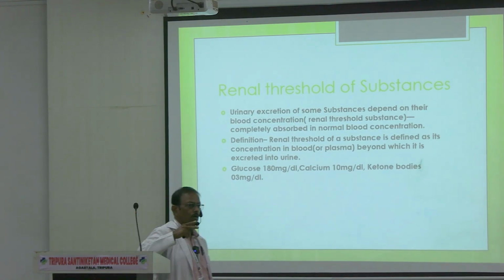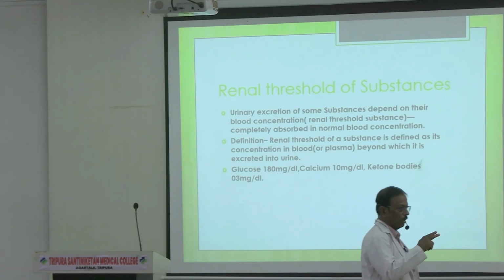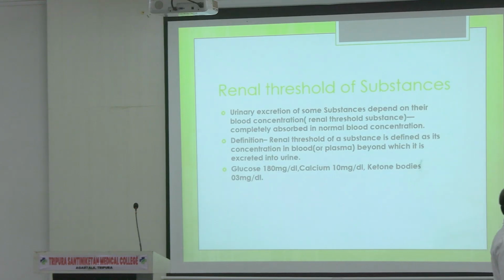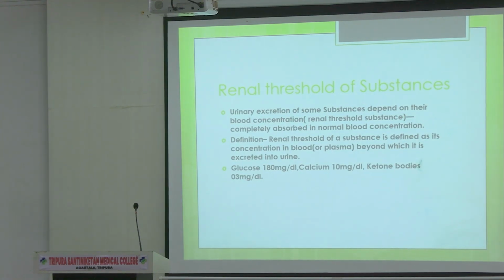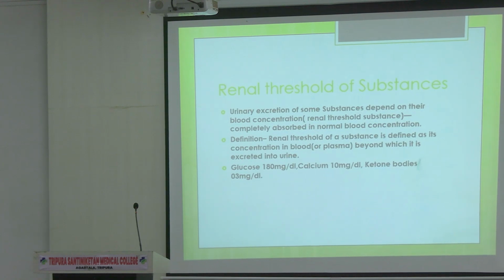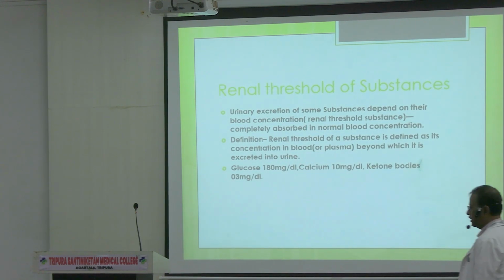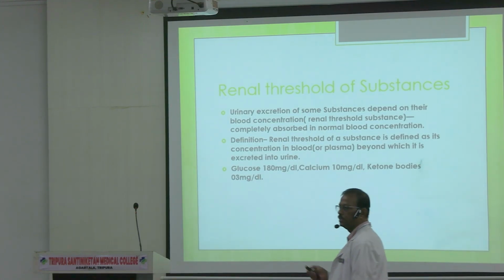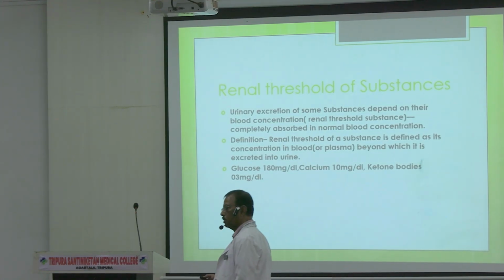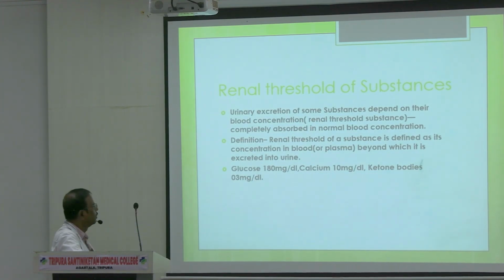When the substances are within the renal threshold level, they are completely reabsorbed from the tubule. Like glucose. Glucose, its renal threshold is 180 milligram per deciliter. When it is within that range, the glucose is completely reabsorbed.